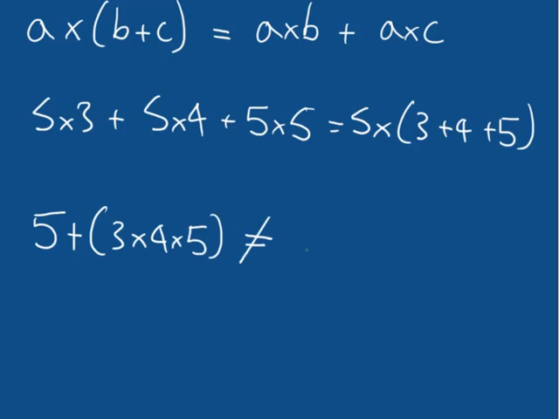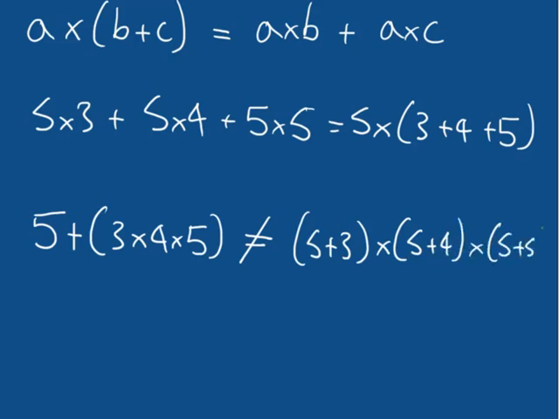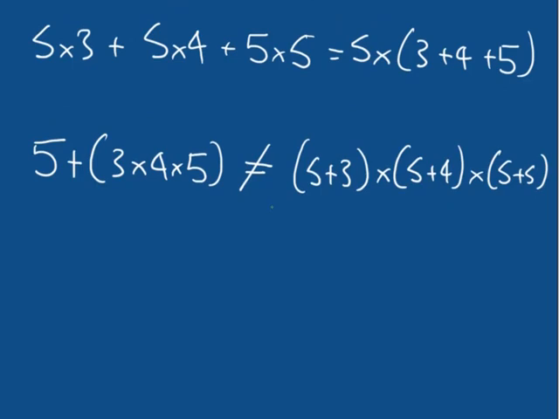We can say this is not equal to 5 plus 3 times 5 plus 4 times 5 plus 5. So if we try to expand this out, we can see that this does not actually work. So we have 5 plus, well, 3 times 4 is 12, times 5 is going to be 60.